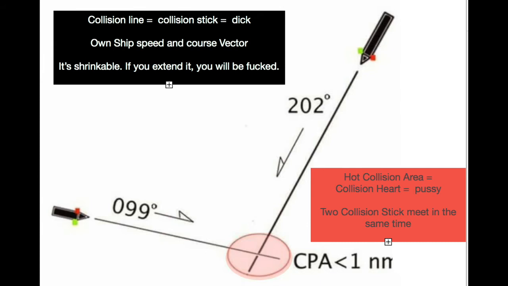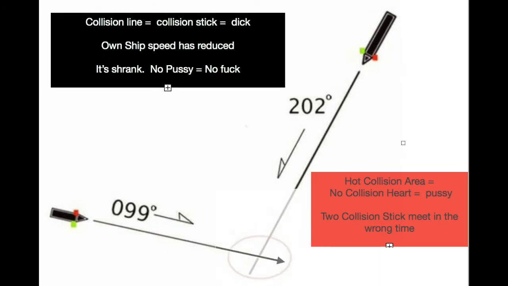But the actual collision will happen only when these two vessels arrive at this hotspot of collision at the same time, then there will be a collision for sure. If the two vessels just have coastlines crossing each other, there will only be a collision risk, but no collision happening. So we will see on the next picture.